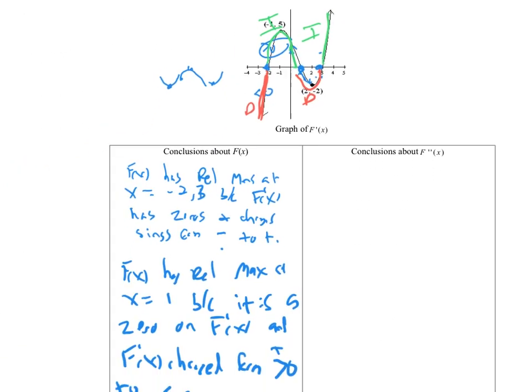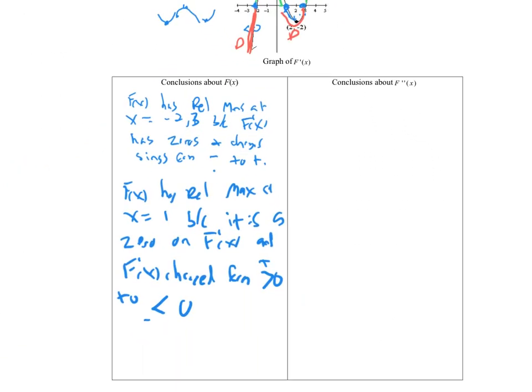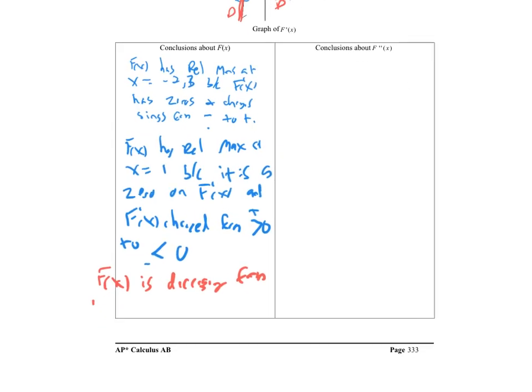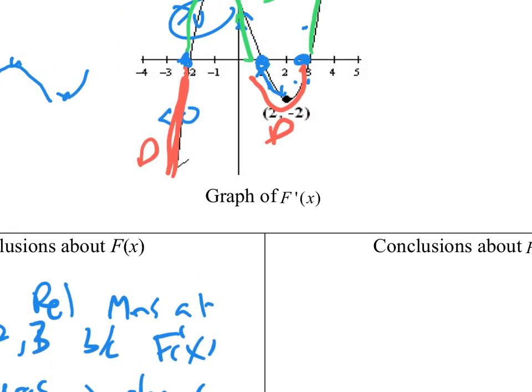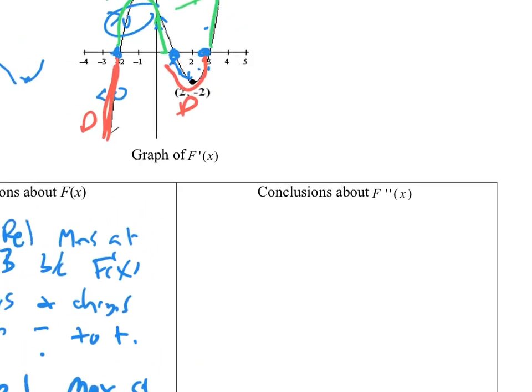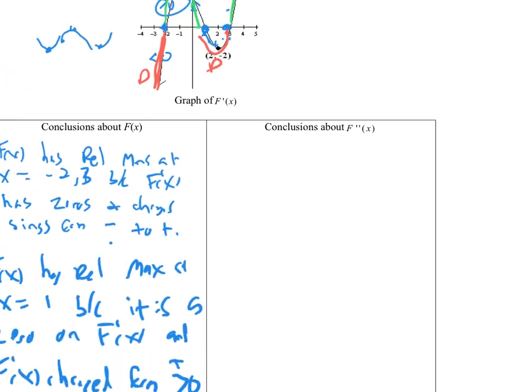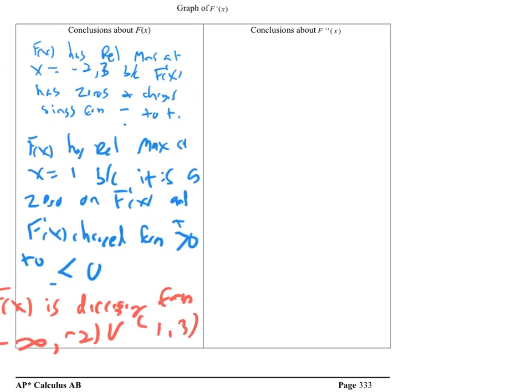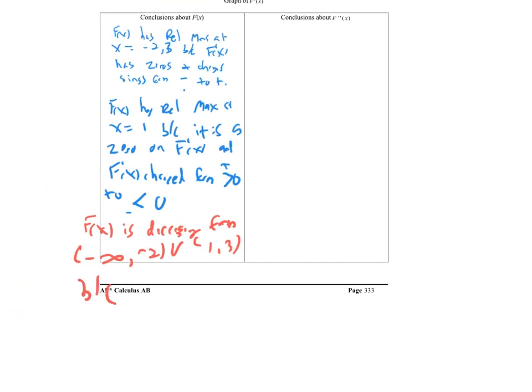So let me write that all out. f of x is decreasing from negative infinity to x equals negative 2, union, picks back up at 1 and continues to 3, because f prime of x was less than 0.